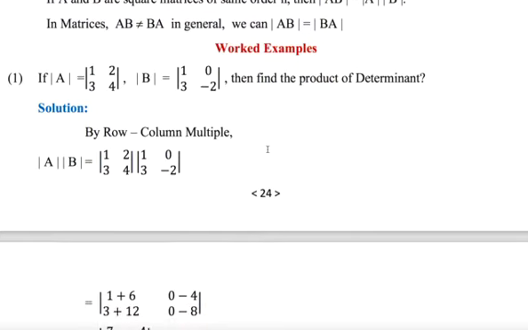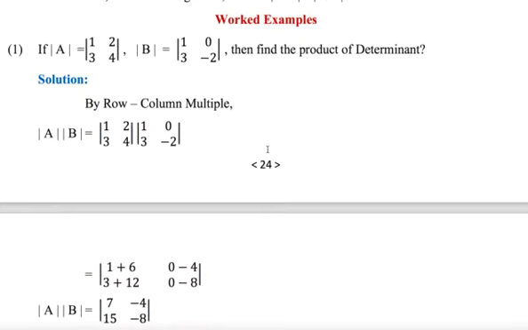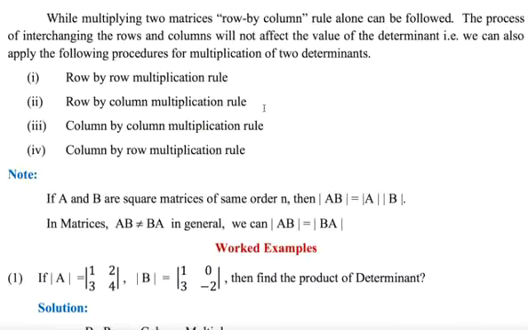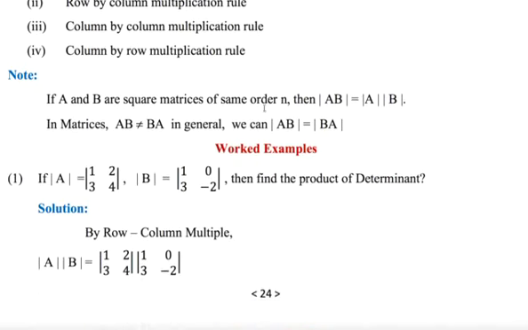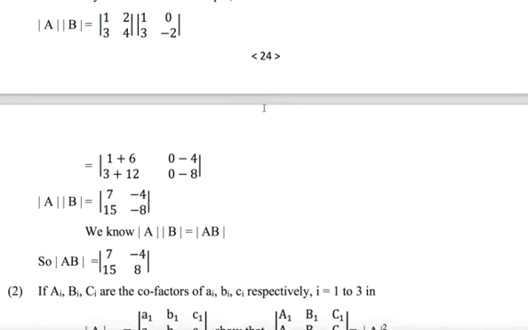Let's see some worked out examples. Find the product of the determinants by row by column multiplication. First we multiply the matrices and find the determinant.